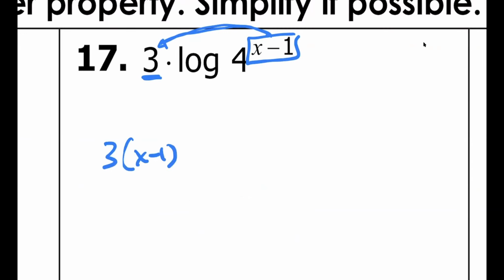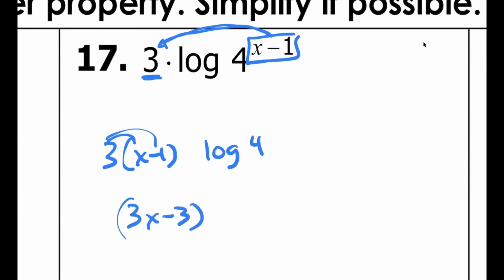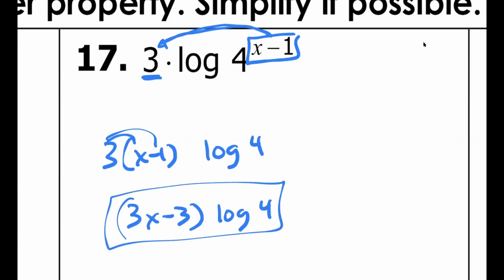It's going to multiply to that 3. And log base 10 of 4. And so this becomes 3x minus 3 as a group times log of 4. Not pretty, but that's exactly what you do.